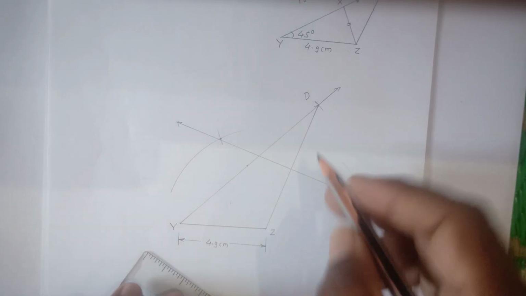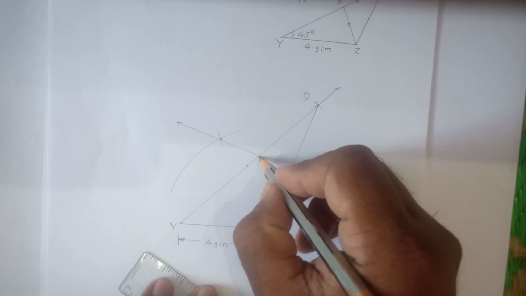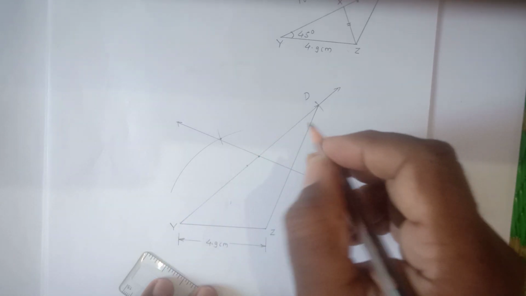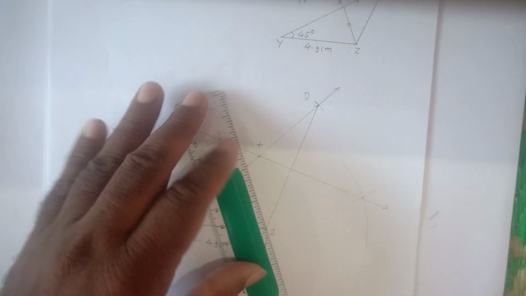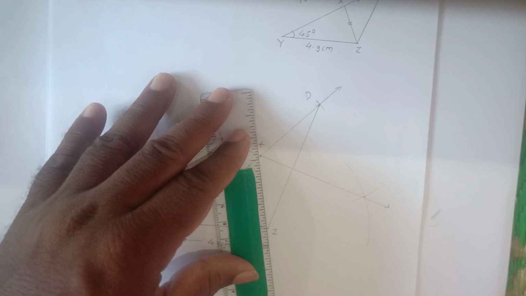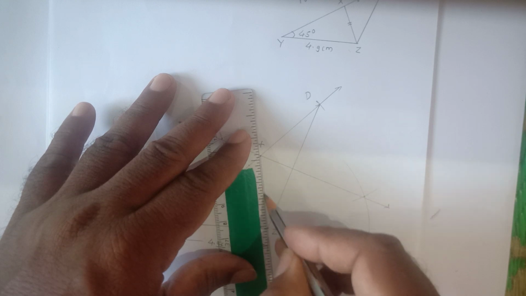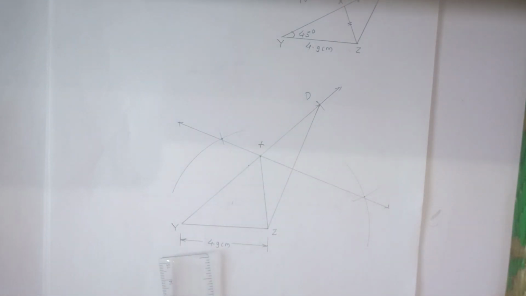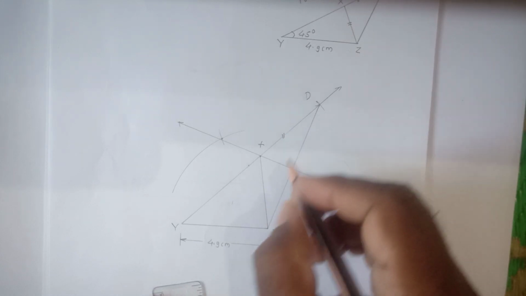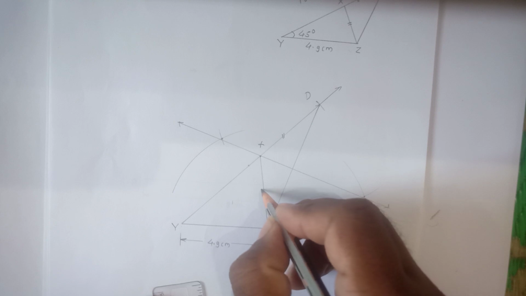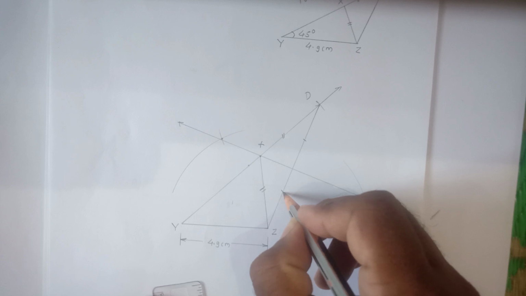This is the perpendicular bisector of DZ, and this perpendicular bisector intersects YZ at point X. Join this X and Z. So this is the triangle XYZ. XZ is congruent to XD, and these two segments are also congruent.